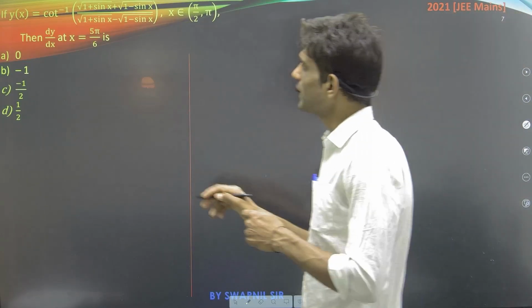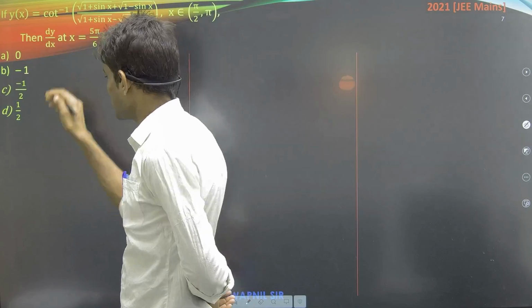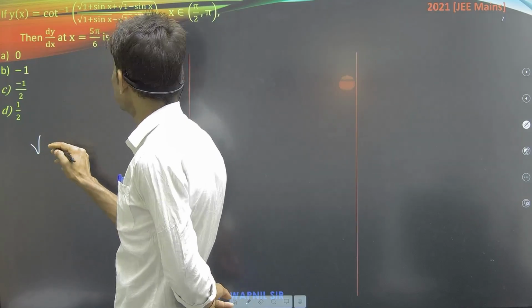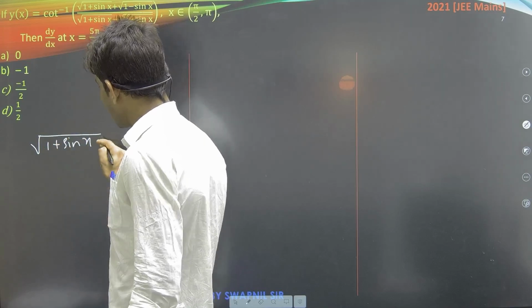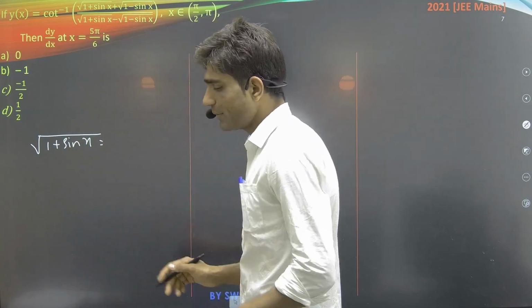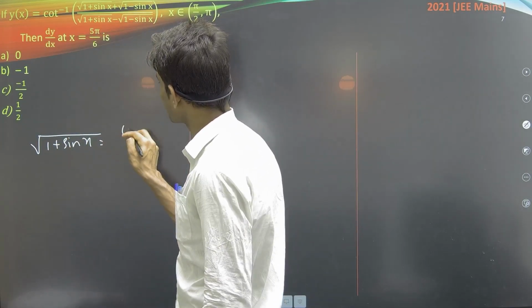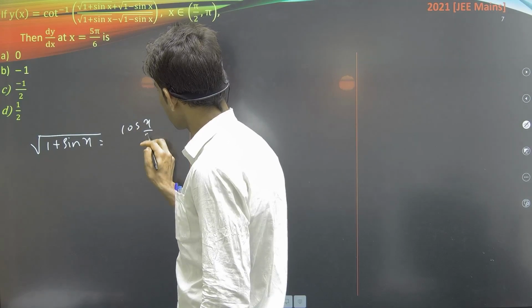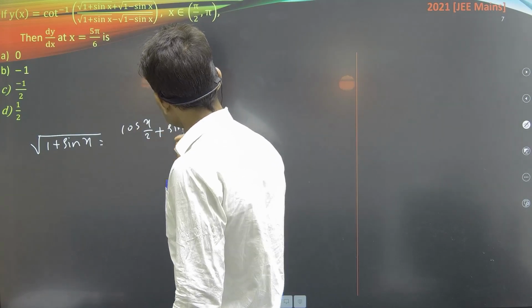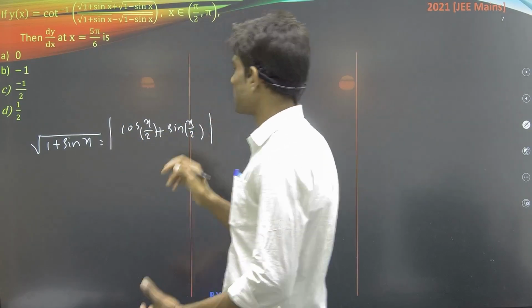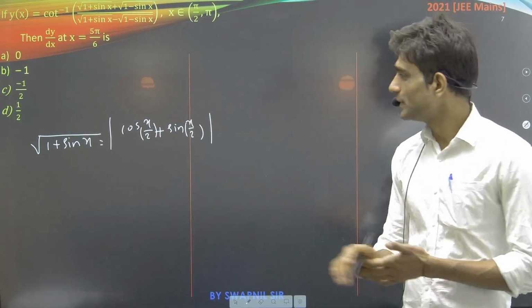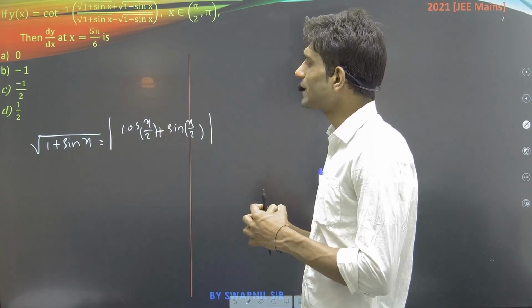Okay, so what we have given here is square root of 1 plus sin x. Now as we observe, square root of 1 plus sin x can be written as under modulus cos of x by 2 plus sin of x by 2. This is the value for square root of 1 plus sin x.